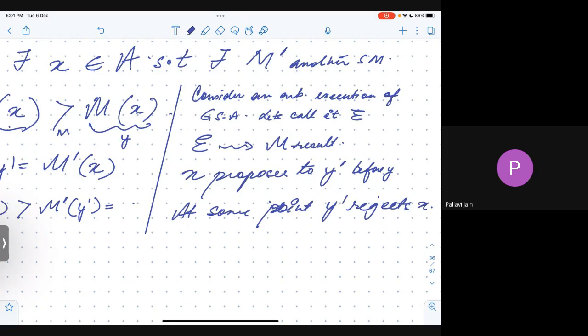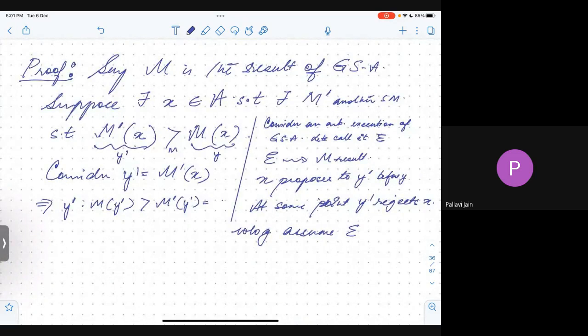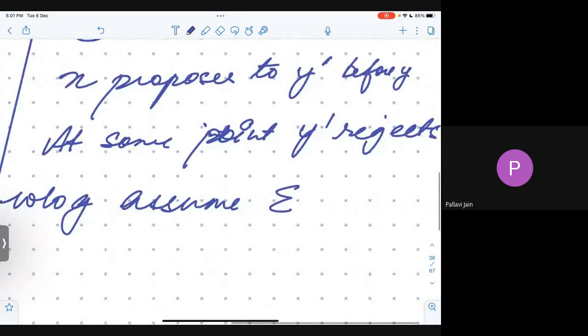Now, without loss of generality, I can assume that this is the first time that anybody is rejecting their stable matching partner.